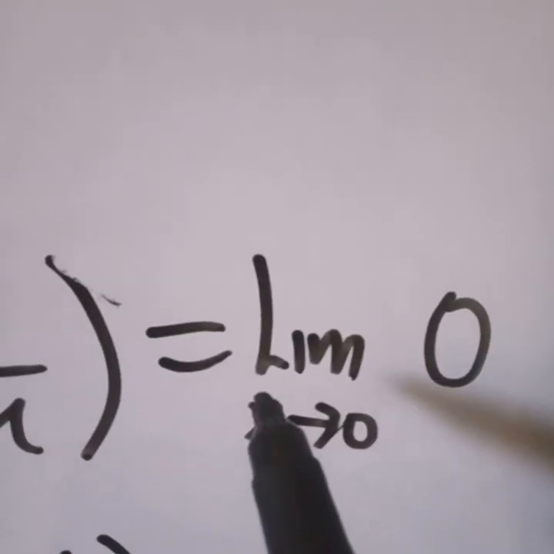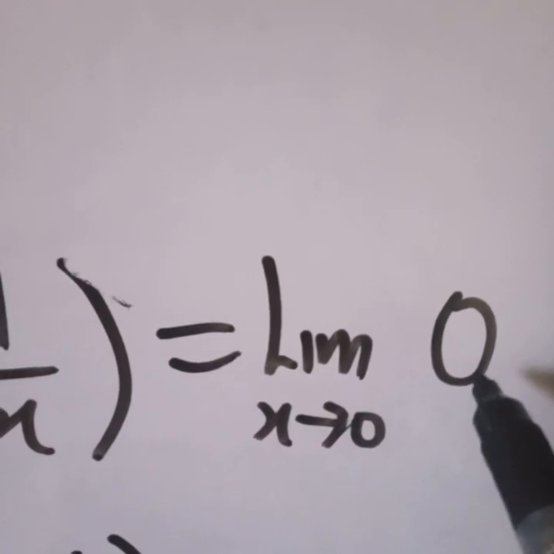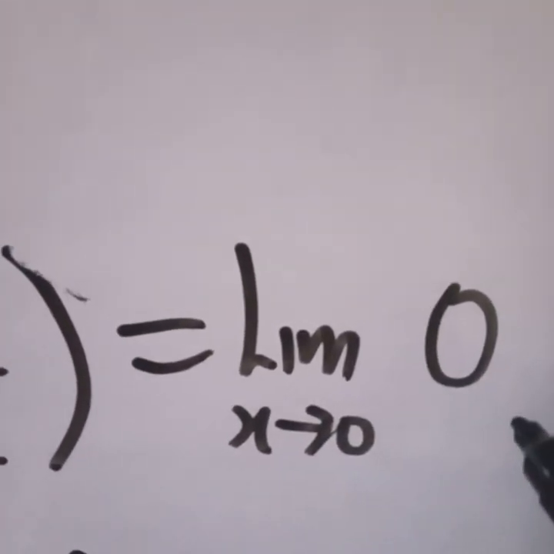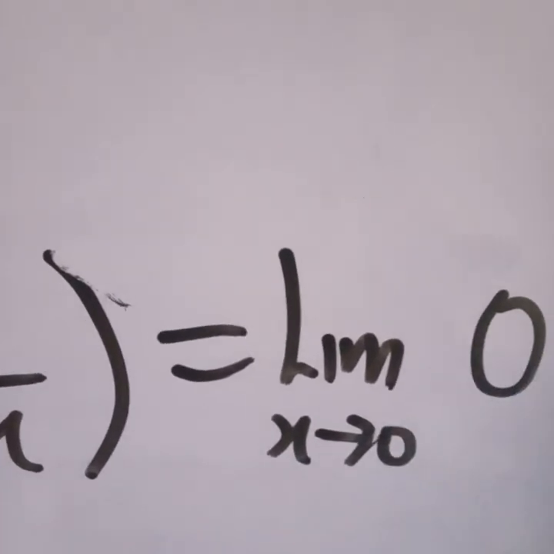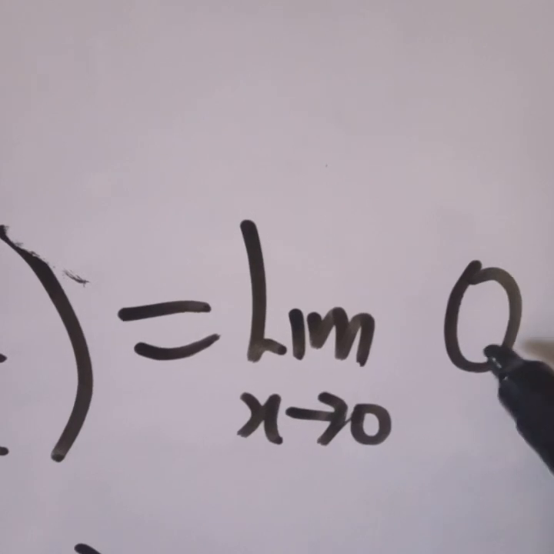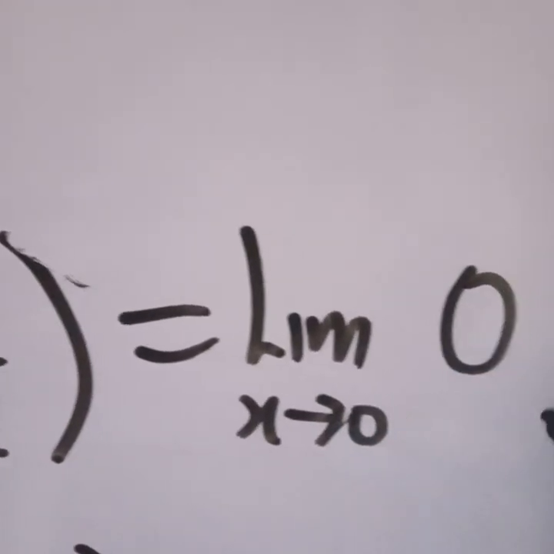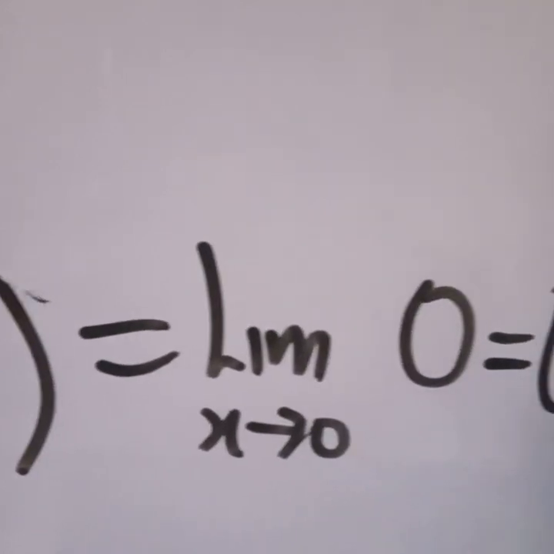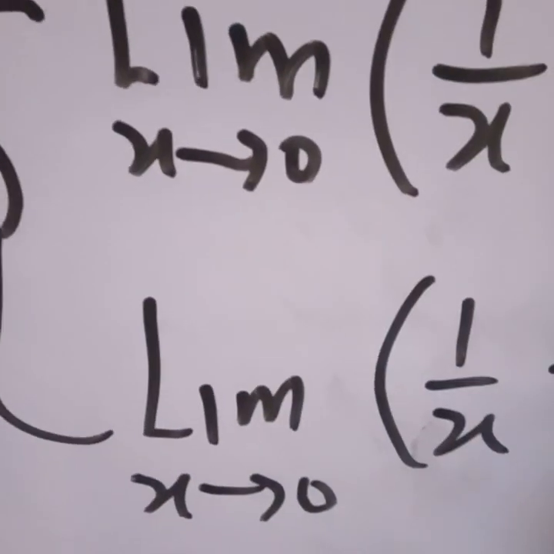Then the limit of this 0 is a constant, and the limit of a constant is 0, irrespective of what is there. Since this is a constant, the limit of this will be 0.